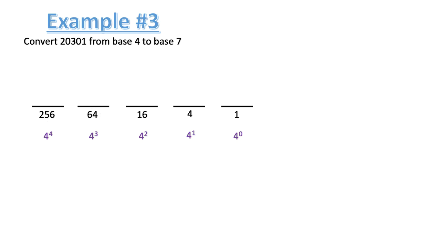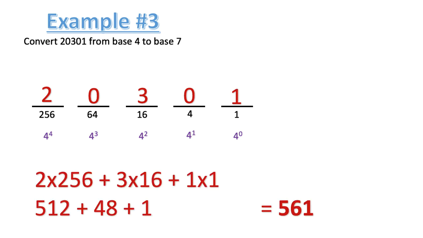And now we're going to drop those 5 digits in, 20301. And now we can figure out what this number equals. We have 2 256 blocks, 3 16 blocks, and 1 1 block. So 2 times 256 plus 3 times 16 plus 1 times 1. You add those all up, you get 561. So this number in base 4 is equivalent to 561 in base 10.